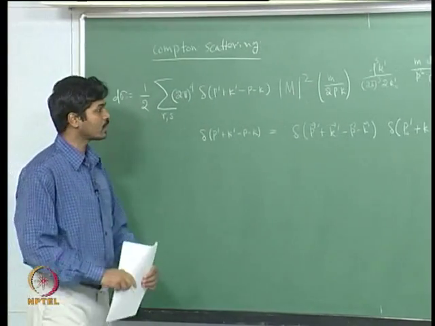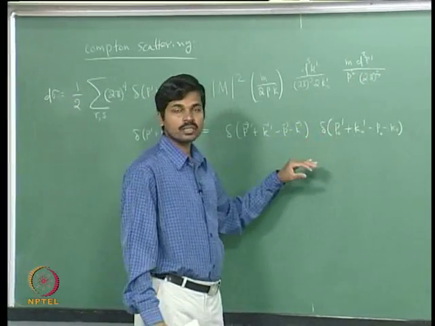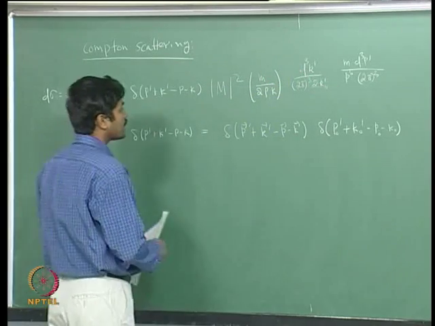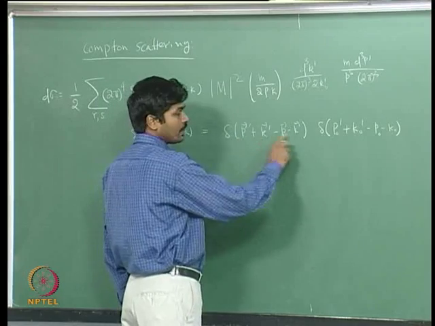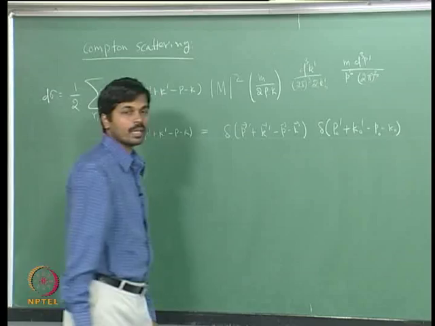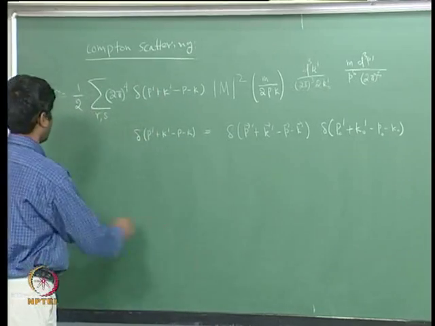When we carry out the p prime integration, everything will be as it is, except that p prime is evaluated at this value, minus of k prime minus p minus k.